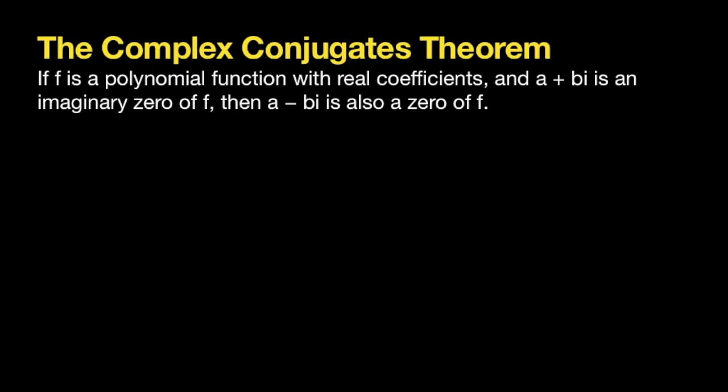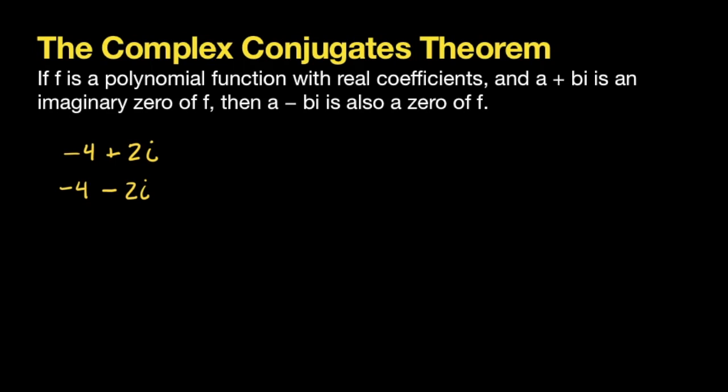But we can say that, let's say we have negative 4 plus 2i. The theorem tells us that if this is one of the solutions, that means that the only thing that we're going to do is change a sign to the imaginary part. So we are going to say that negative 4 stays the same, but negative 2i will also be a solution of that polynomial.